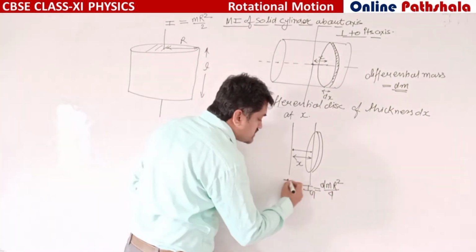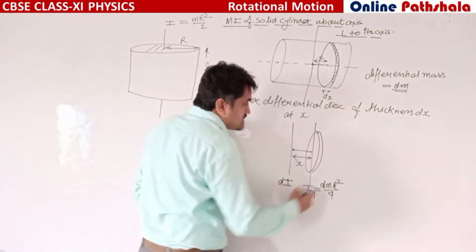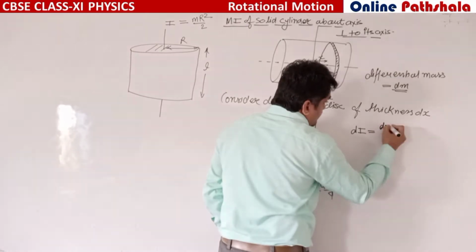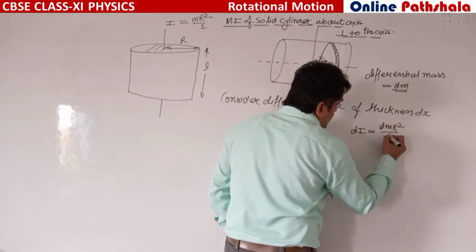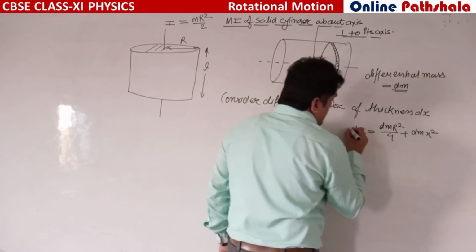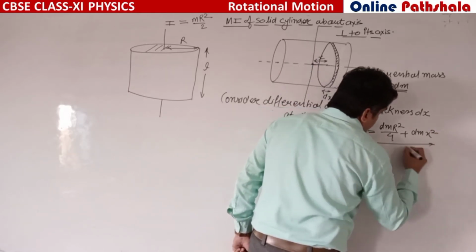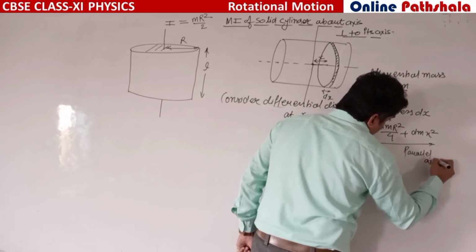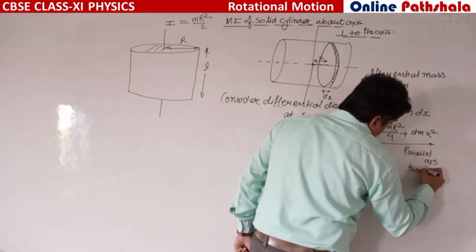Now the moment of inertia about this axis, let us consider it is di, the differential moment of inertia. It is dm r square by 4 plus dm x square. Here I am using the parallel axis theorem.